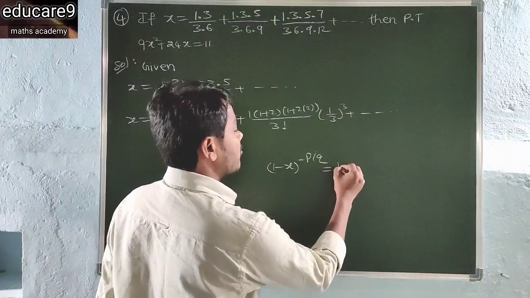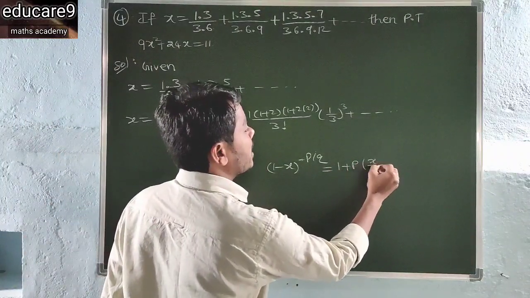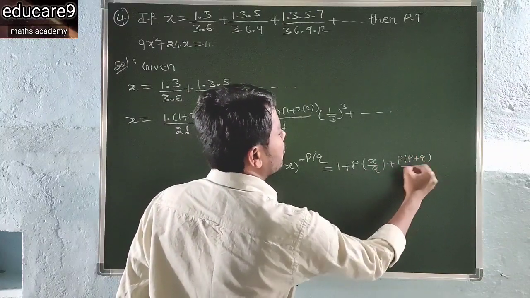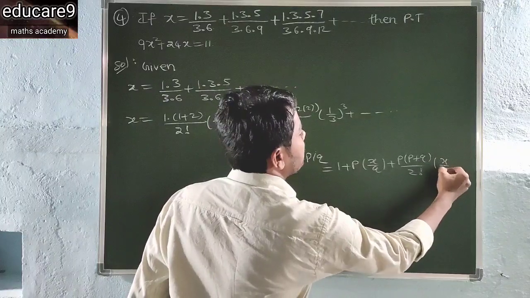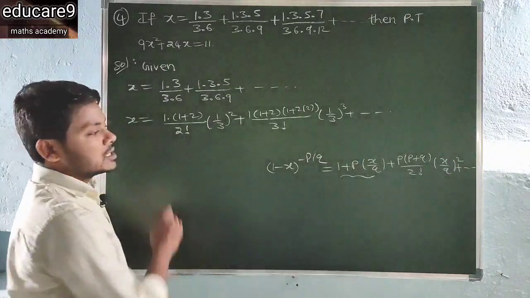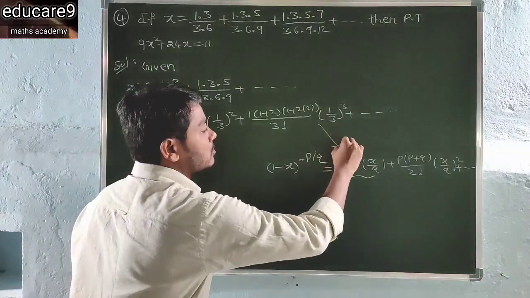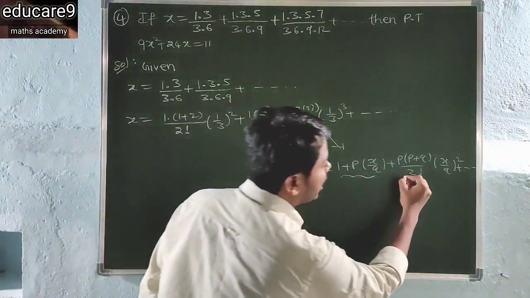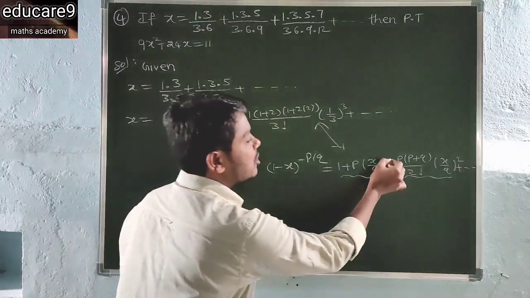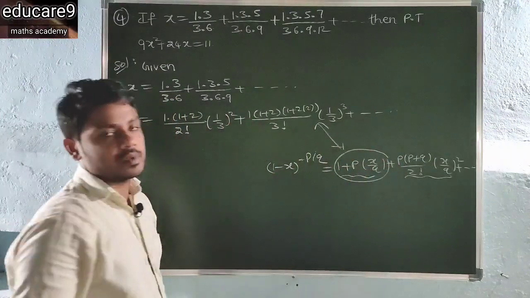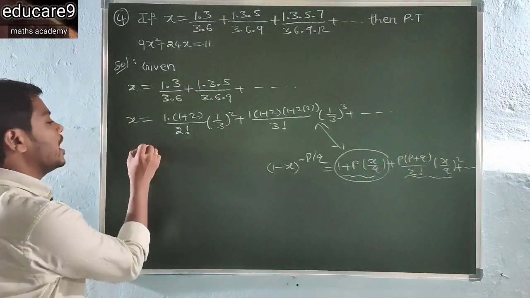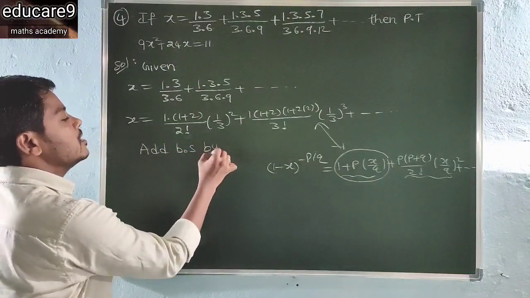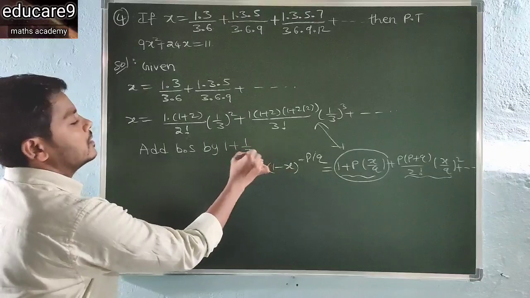This is 1 plus p into x by q plus p into (p plus q) by 2 factorial into (x by q) whole square and so on. So clearly once you observe these two, this series starts from the third term, so there are no first two terms, so for that you have to add both sides by 1 plus 1 by 3.